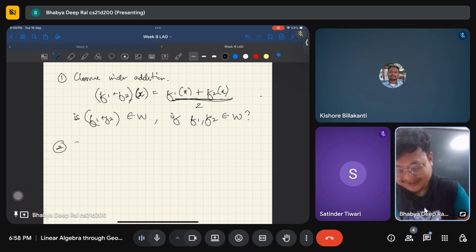Let's see closure under scalar multiplication.